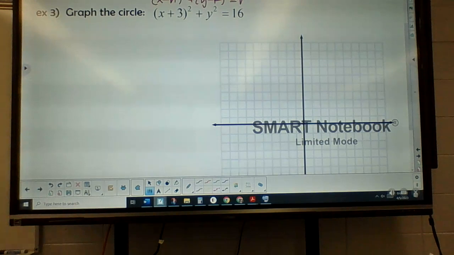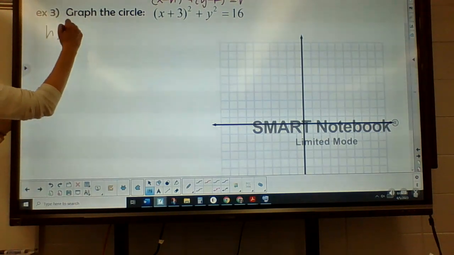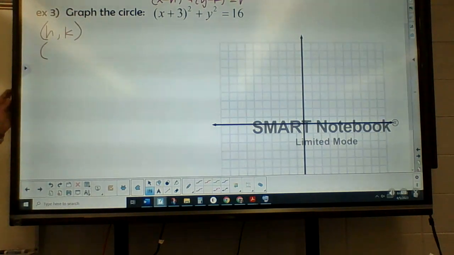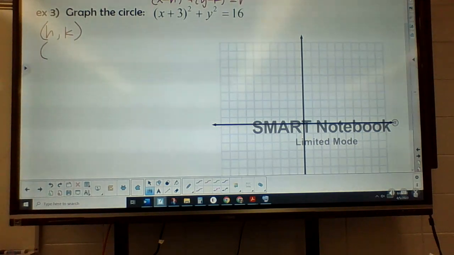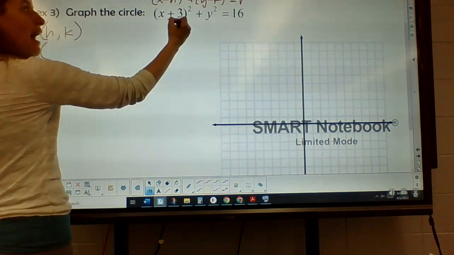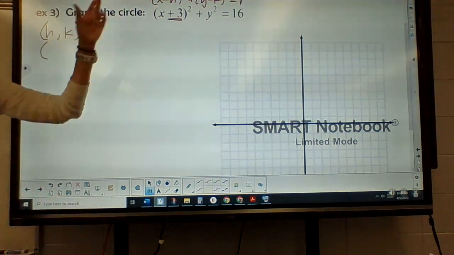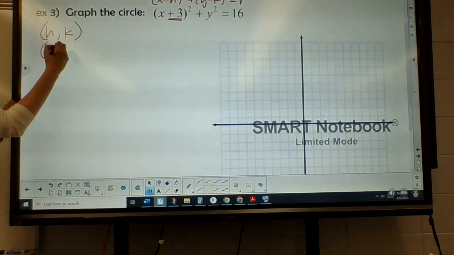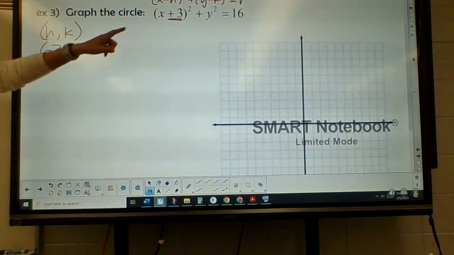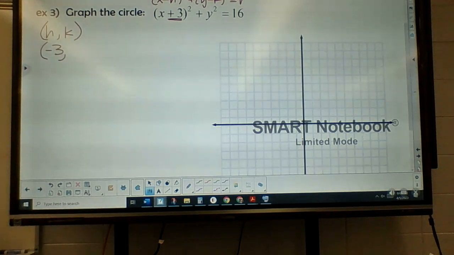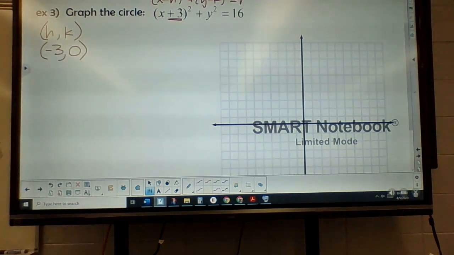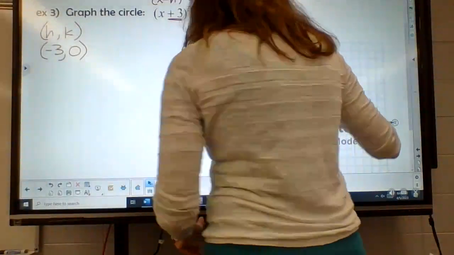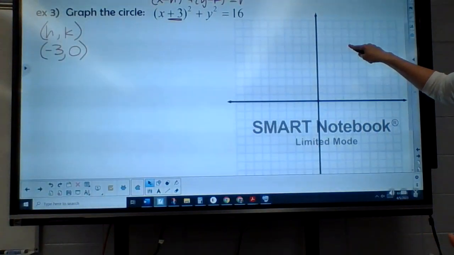Careful. -3 and 0. Yeah, so remember that h and k always look either the opposite signs of what we see. So this looks like a +3, but in the formula there's a minus sign in the front, so we do -3. And then the y doesn't have anything being subtracted from it, so that's just going to be 0. So -3, 0 is going to be my center.